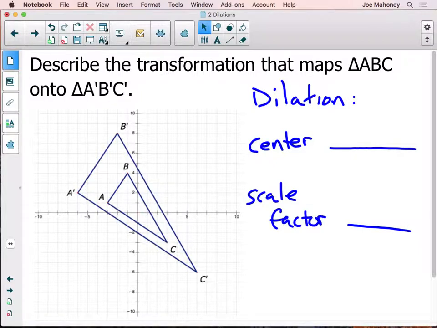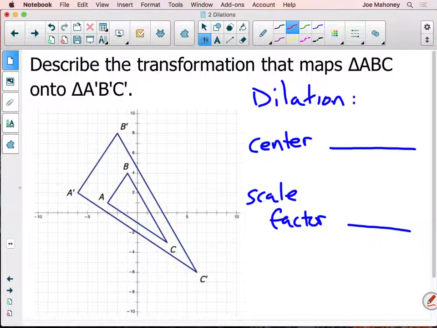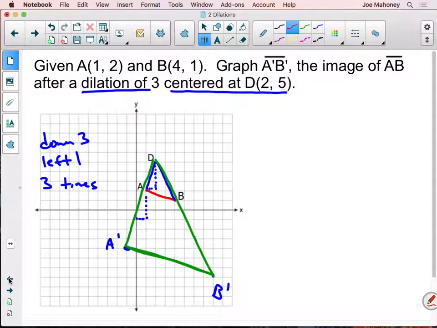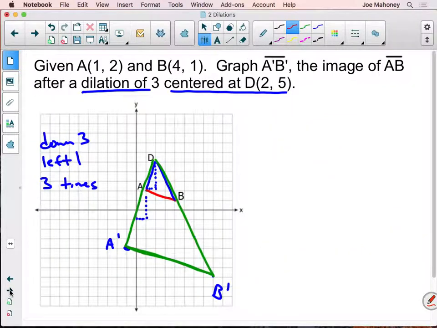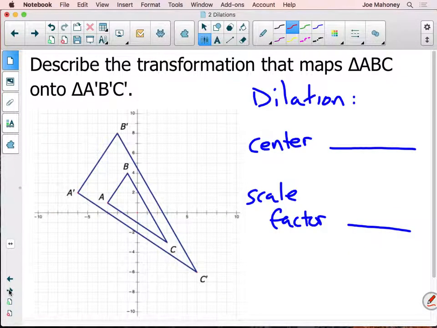Well, here's a nice way to find the center. I'm going to go back a little bit, to here. If you notice how we drew these green and blue segments that joined a vertex to another vertex, and the dilation center, point Z, was on those segments, I'm basically going to find point Z here.